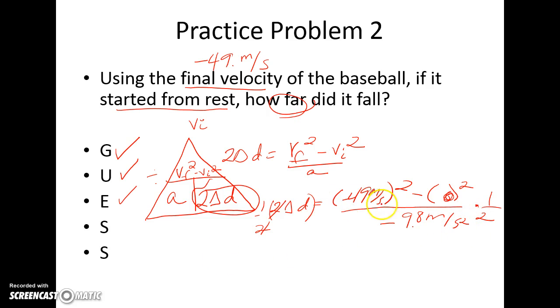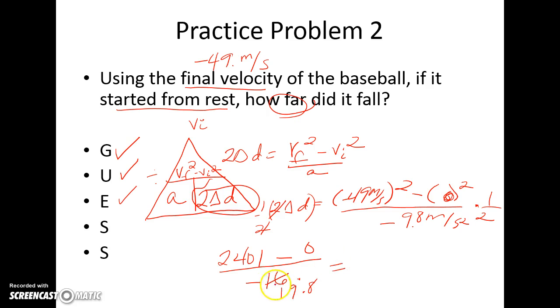So now my calculator, negative 49 squared. I believe it's 2401, and when I square it, it becomes positive, minus 0 over, I did the math problem on top, now I have to do the math problem on the bottom, negative 9.8 times 2, that should be negative 19.6.